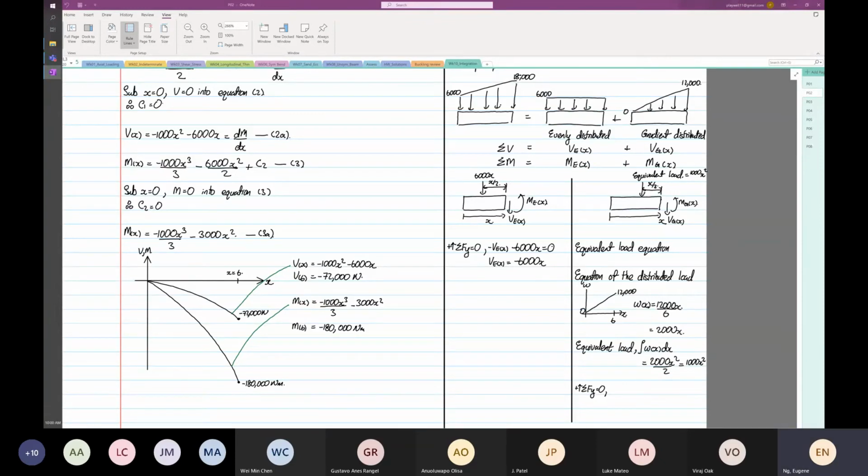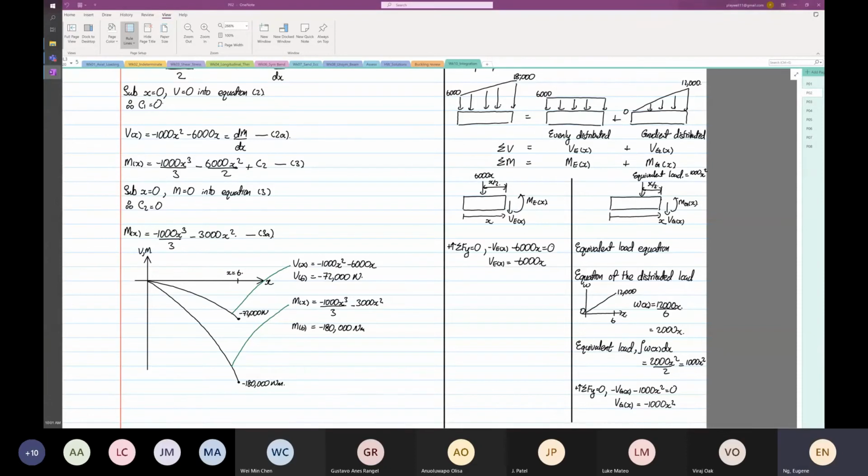So from here, we have minus V gradient as a function of x, and then minus 1,000 x squared. The whole thing is equal to 0. So the shear force is equal to minus 1,000 x squared.